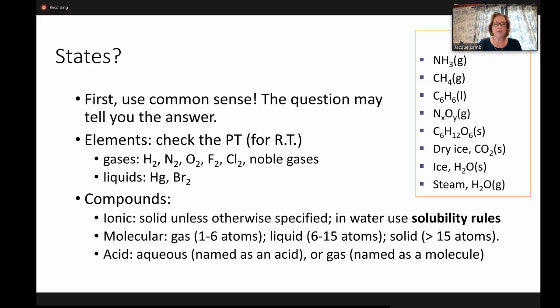You should know that ammonia is a gas, that methane is a gas. C6H6, that's benzene. Benzene is a liquid. Anything with nitrogen and oxygen, doesn't matter what the subscripts are, those are gases. C6H12O6, that's sugar, a monosaccharide, and that's a solid.